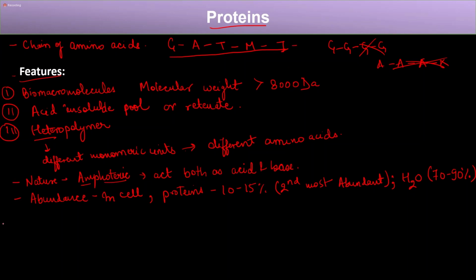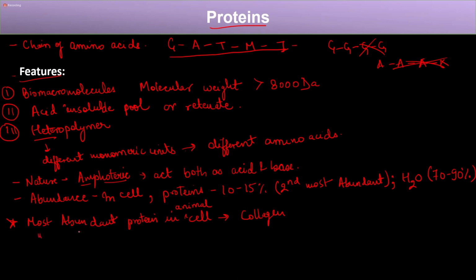Now, apart from this, there are two more things. If someone asks you the most abundant protein in a cell, the most abundant protein is collagen. And by cell, I mean animal cell. In animal cells, the most abundant protein is collagen.